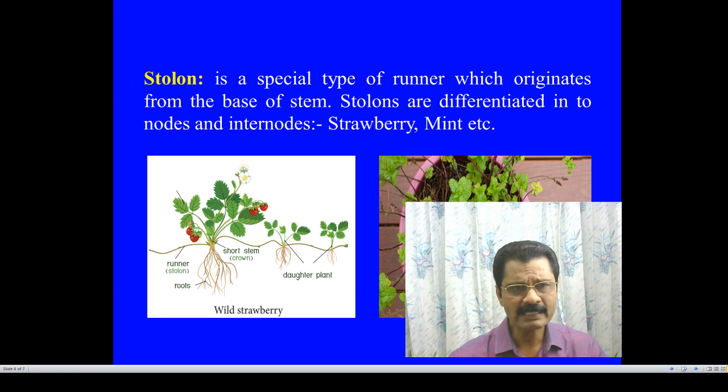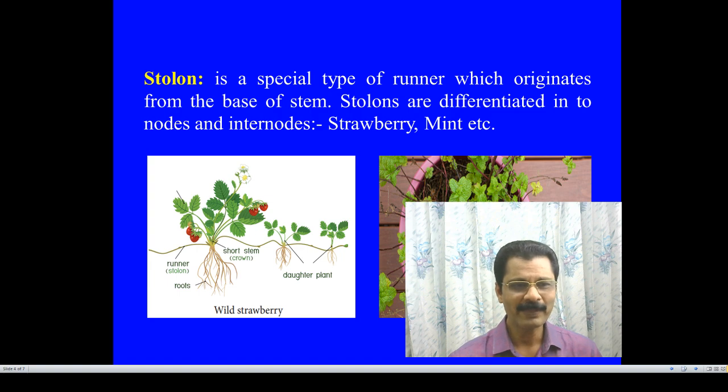And the difference is runner grows horizontally and stolon arches, and both these cases are terrestrial. See, in these branchlets, you can see the arch. Here the stem is somewhat above the soil surface. But in the case of runner, it closely touches the soil surface. There also the branchlets have nodes and internodes. So that is the major difference between a runner and a stolon.